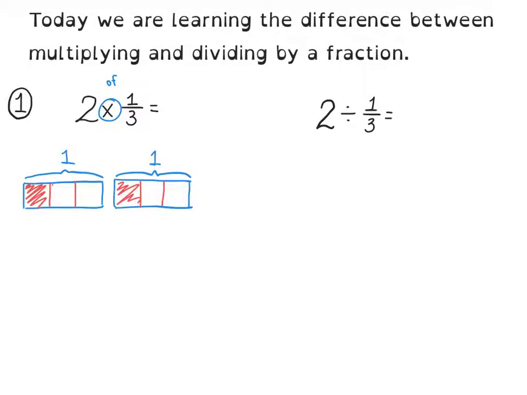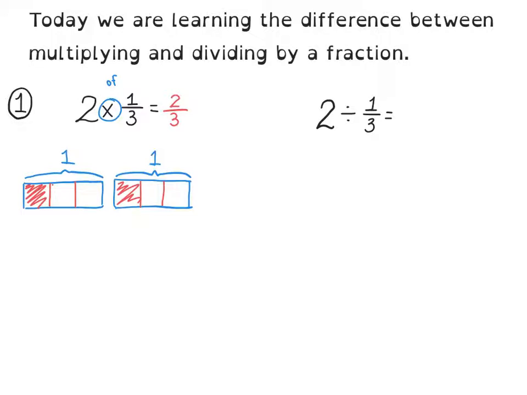Now our denominator stays the same because we already have thirds. So we keep thirds, and then we say, well, 2 of them are shaded in. So 2 times 1/3 equals 2/3. 2/3. Now let's try division.